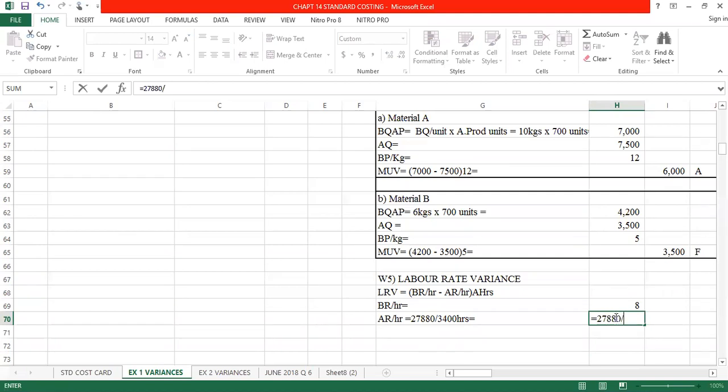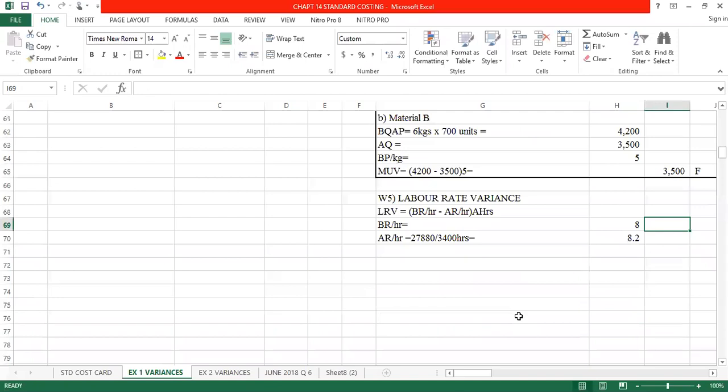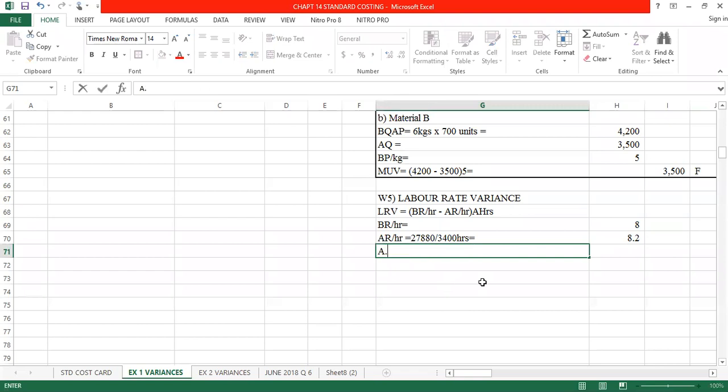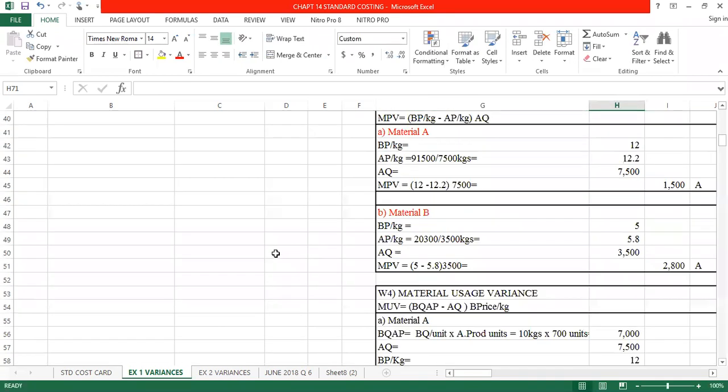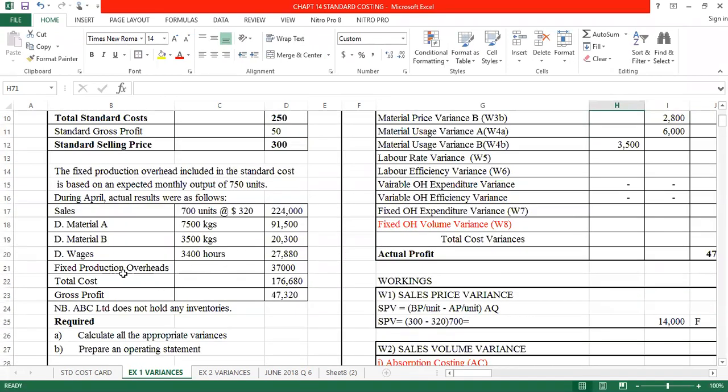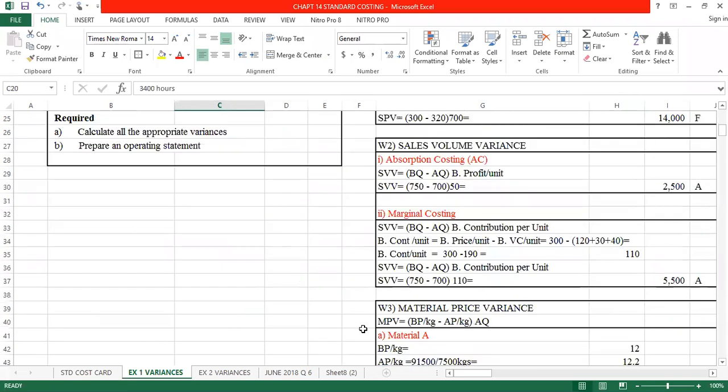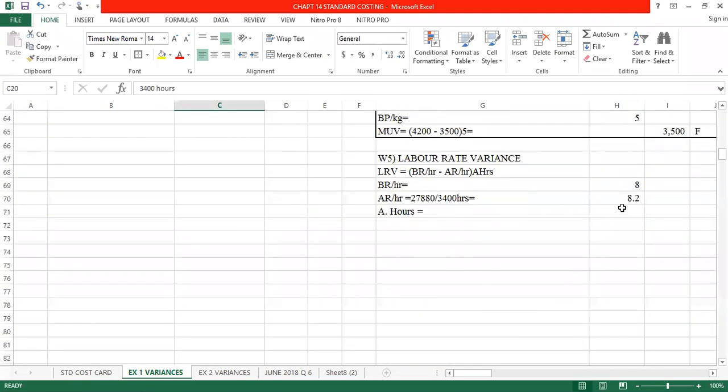So what do we get? We get 8.2. Now, next, actual hours. Actual hours we were also given. What are our actual hours? 3,400. So actual hours is 3,400 hours.